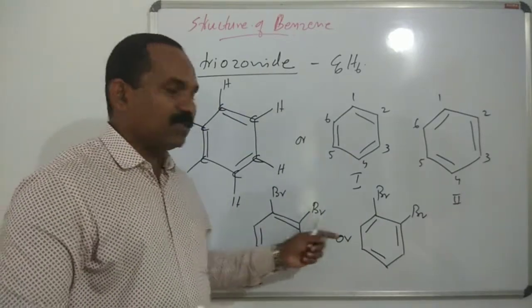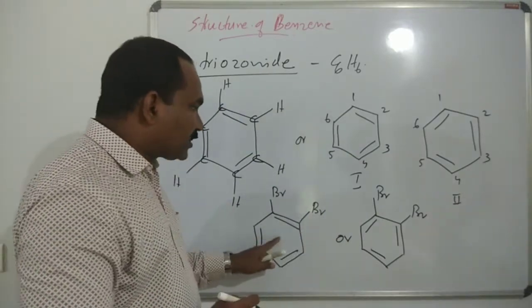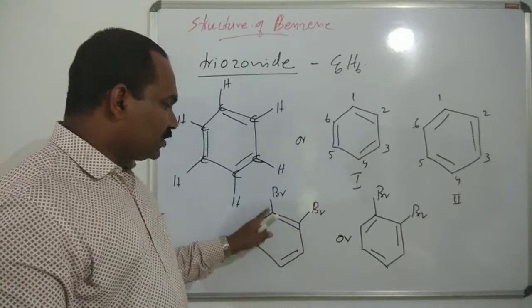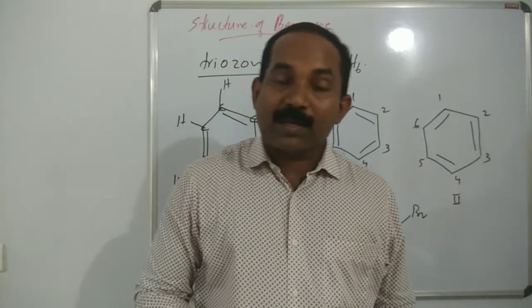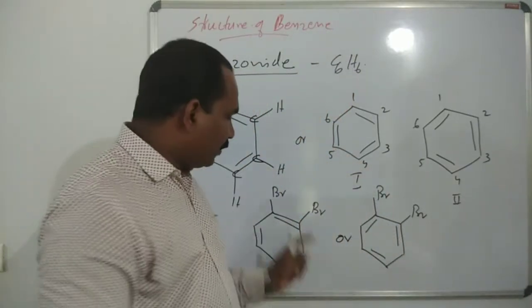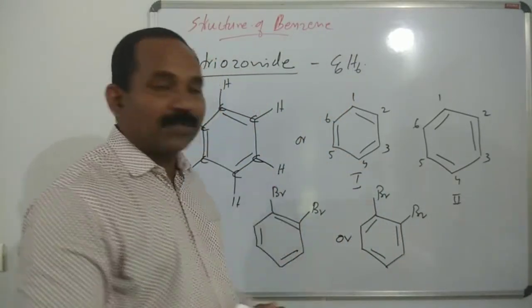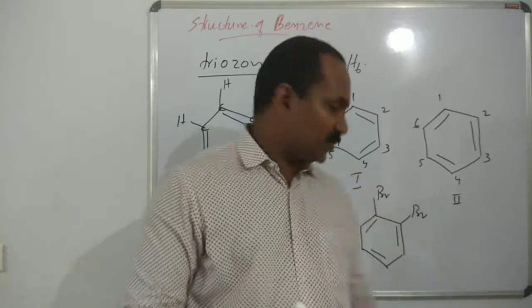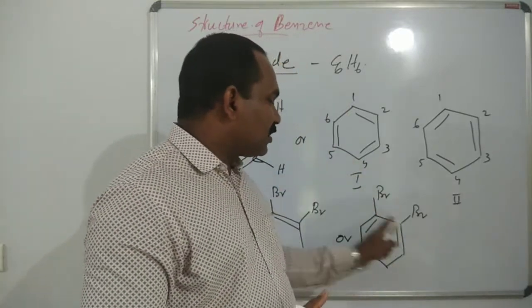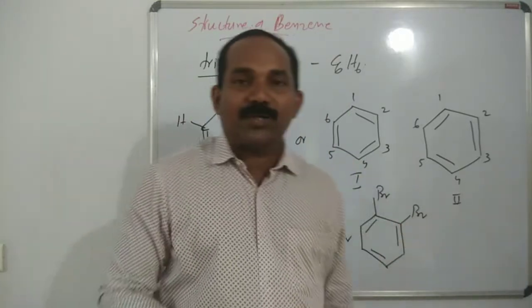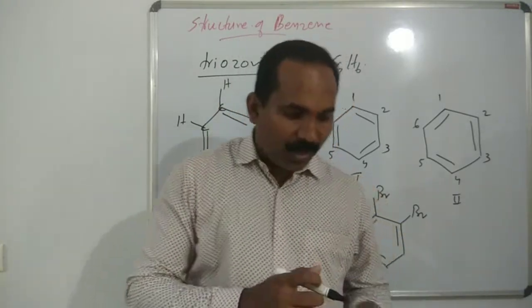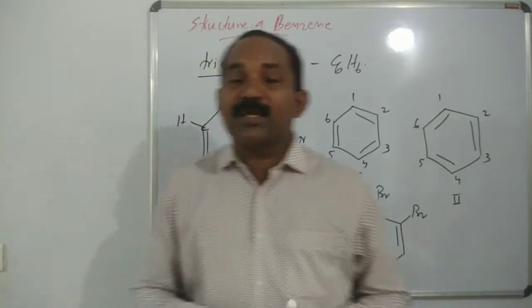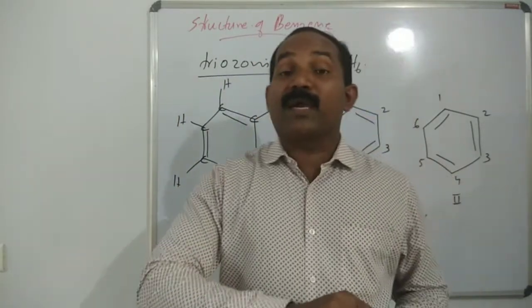So 2 possibilities. In the first possibility, the 2 bromine atoms are attached to doubly bonded carbon atoms, with a double bond between the carbons to which bromines are attached. In the other, the 2 bromines are attached to carbon atoms joined by a single bond. So 2 possible structures proposed by Kekulé.